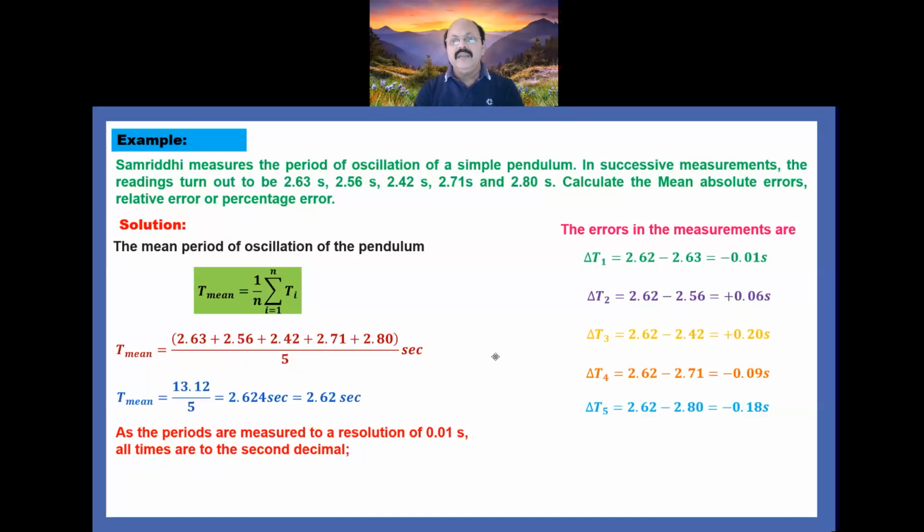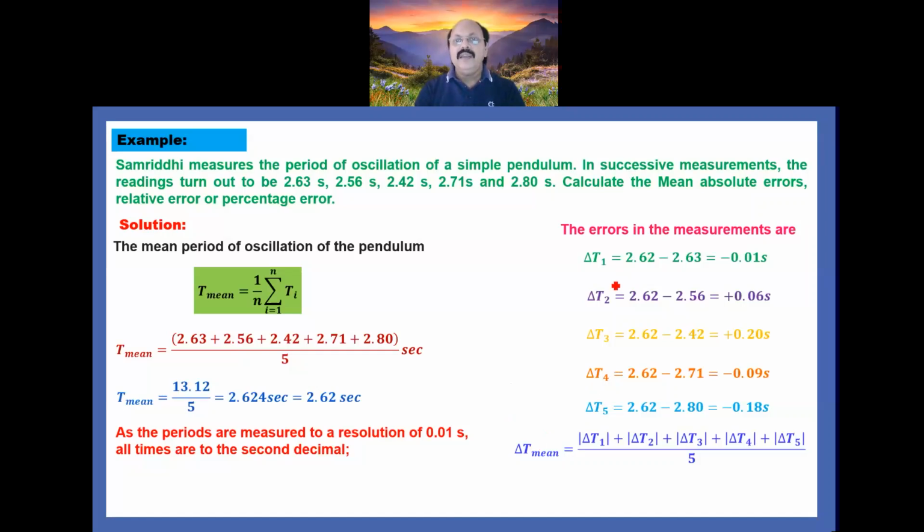So you take the mean of the absolute errors. That is delta T mean equal to mod delta T1 plus mod delta T2 plus mod delta T3 plus mod delta T4 plus mod delta T5 divided by 5.